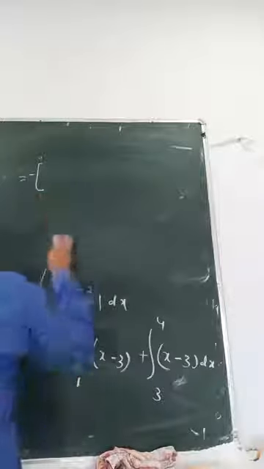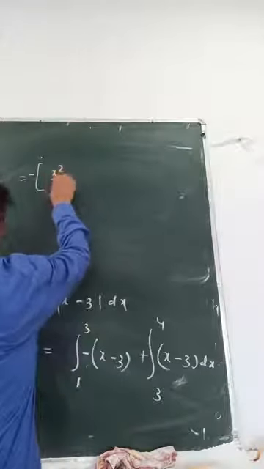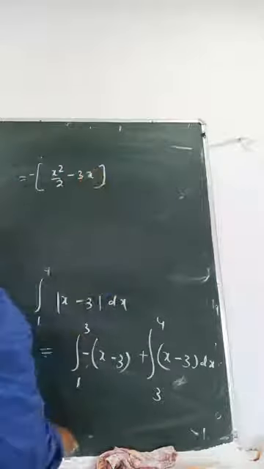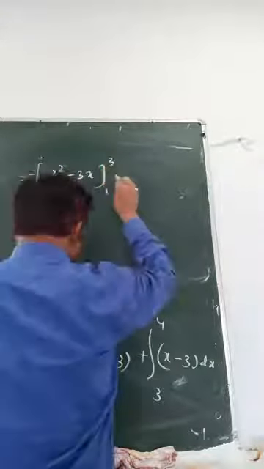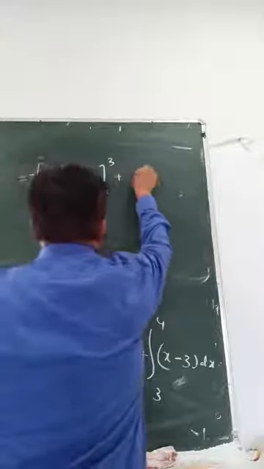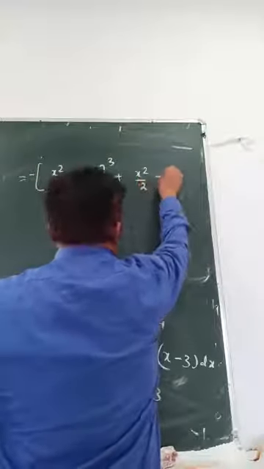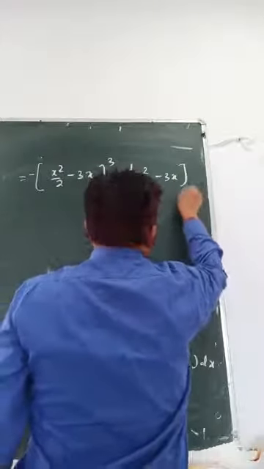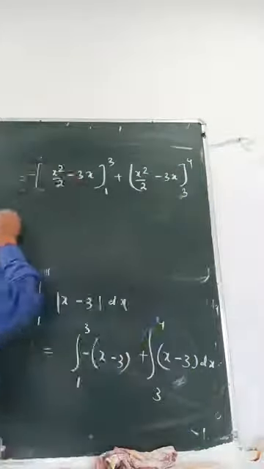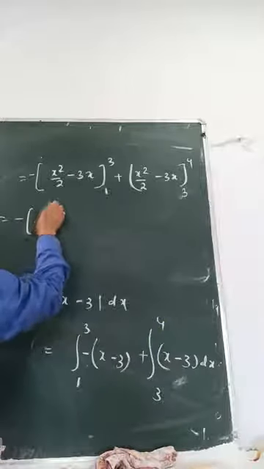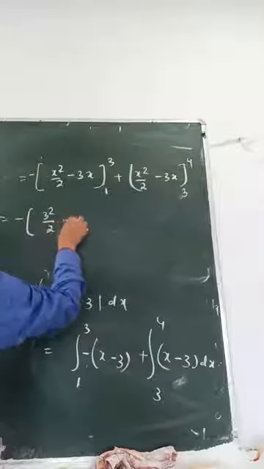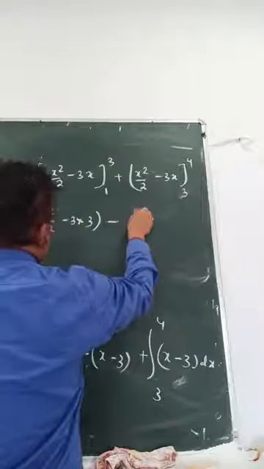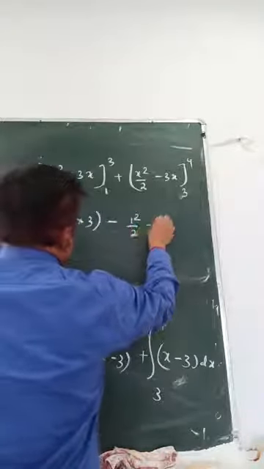Minus x square by 2 minus 3x, limit is 1 to 3, plus x square by 2 minus 3x, limit is 3 to 4. So minus 3 square by 2 minus 3 into 3, minus 1 square by 2 minus 3 into 1.